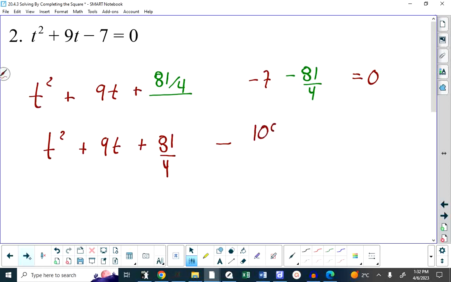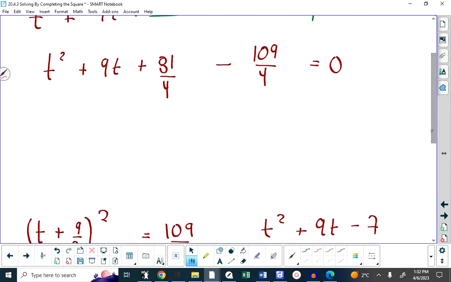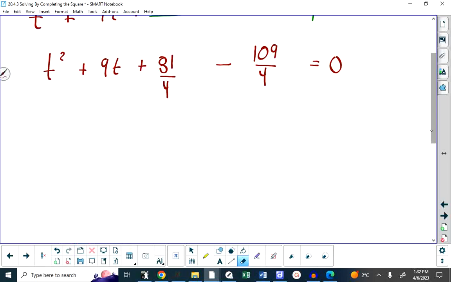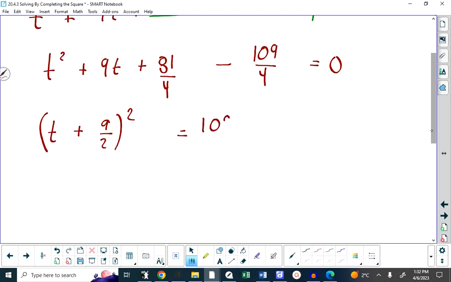Negative 109 over 4 equals 0. This becomes t plus half of 9, quantity squared, equals 109 over 4. I moved it over at this point.